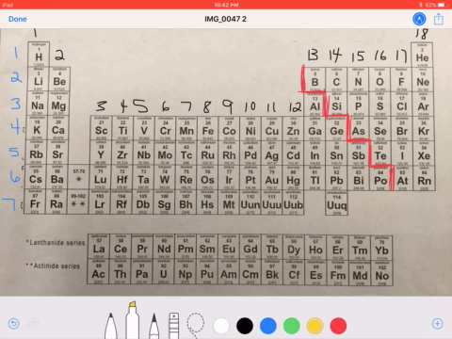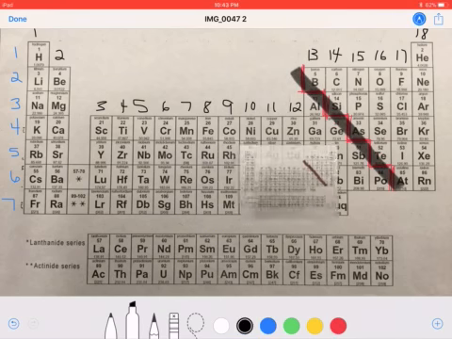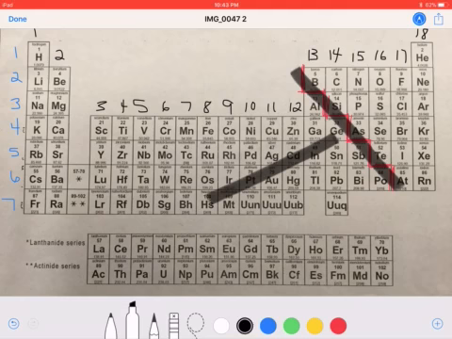In general, the periodic table is also divided up into 3 categories. I'm not going to use the term groups, but overall categories. Anything from this zigzag line and to the left, these are all metals.